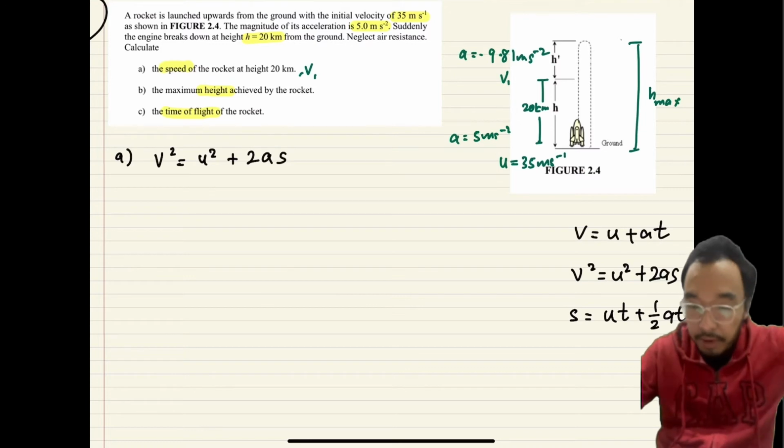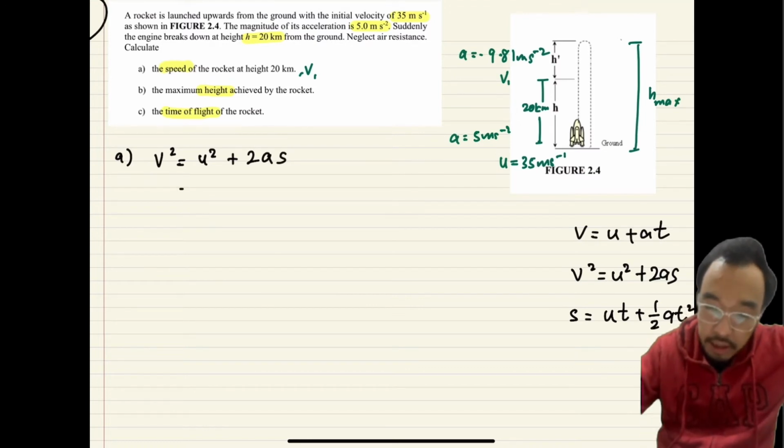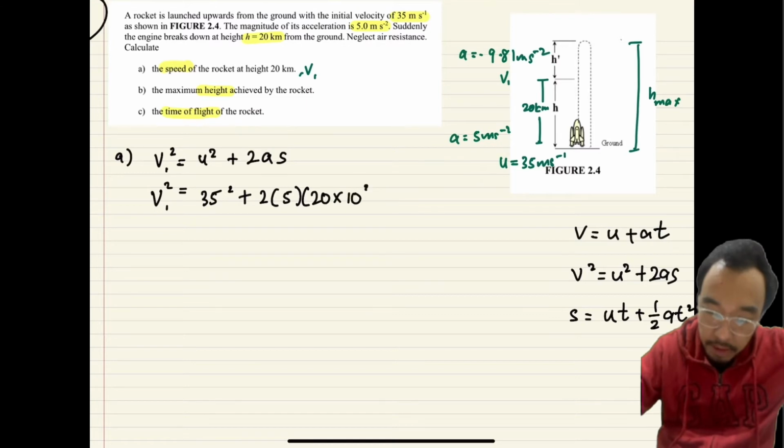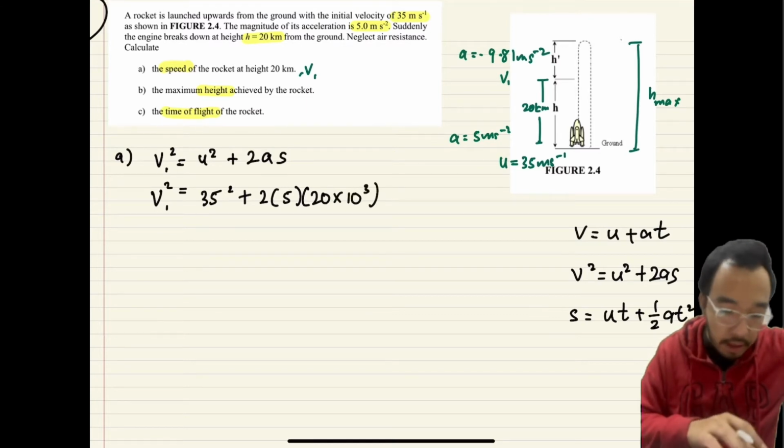Okay, during this period, remember the acceleration is equals to 5 meter per second square. So V square is equals to 35 squared plus 2 times 5 times the displacement. Okay, change this one to meter because everything else is in SI unit.